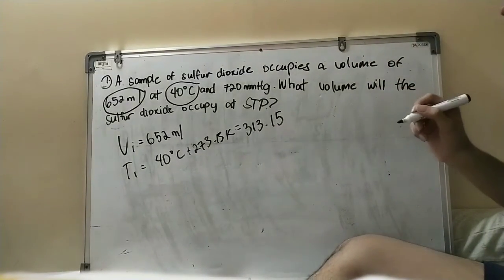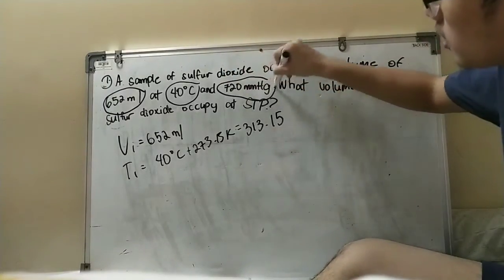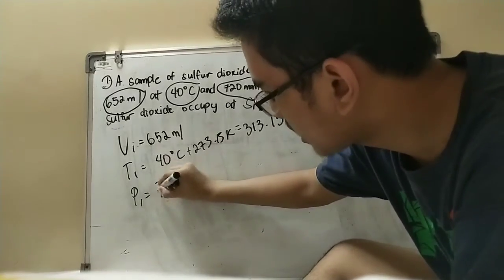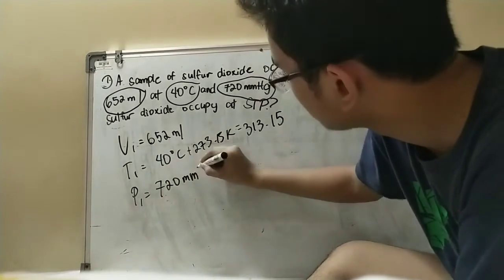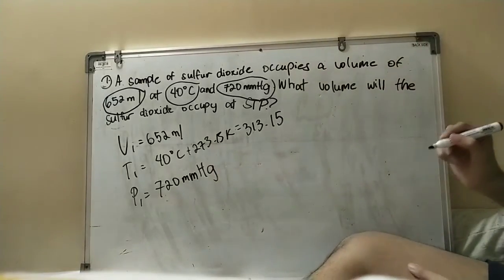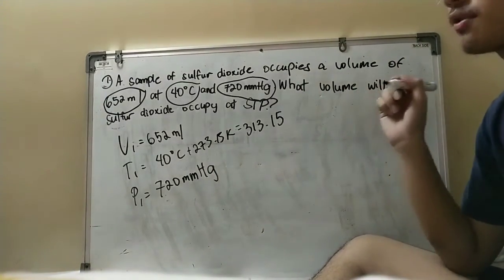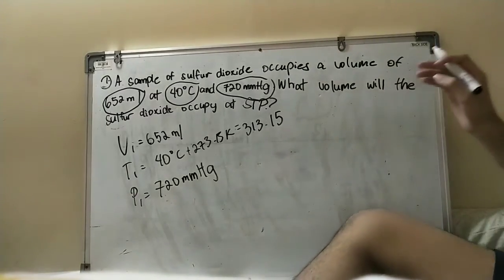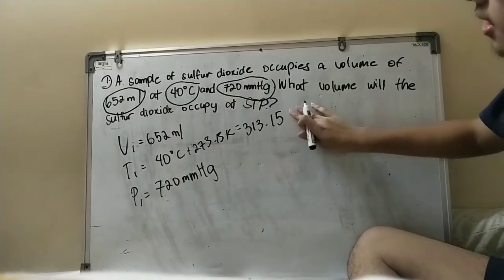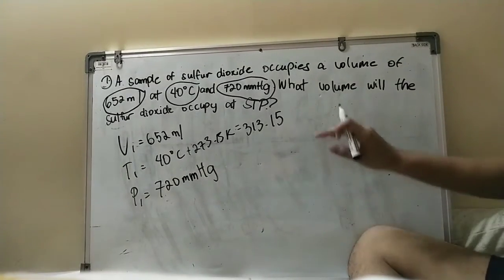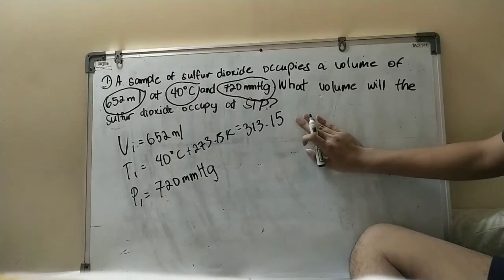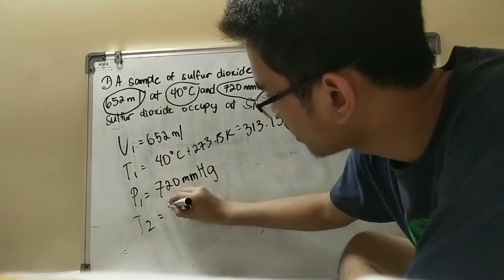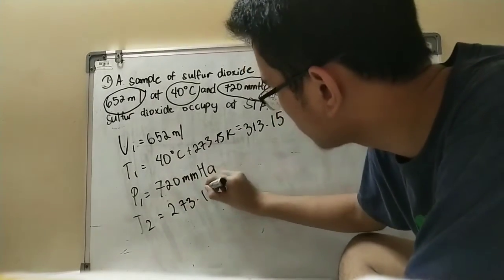Let's now look at our initial pressure, which is 720 mmHg. We then look to the final values of pressure and temperature, here, our standard temperature and pressure. Our standard temperature is 273.15 Kelvin, since Kelvin is our standard unit here.